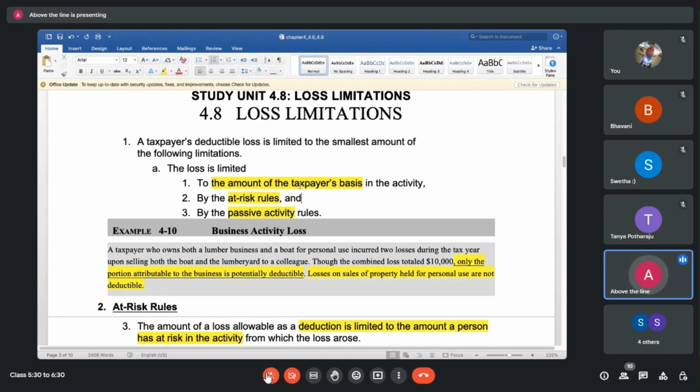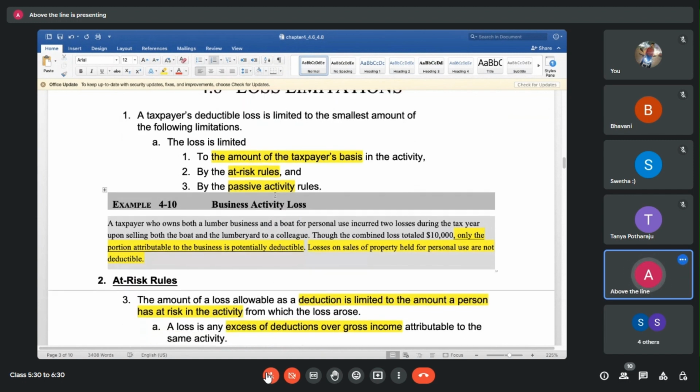That will tell us the basis. Or if you're buying a property, what is the basis that you're buying it for? So they are not saying the loss will not be allowed. What they're saying is the loss is limited to the basis in the activity. And we will go through some examples that will make it clear.